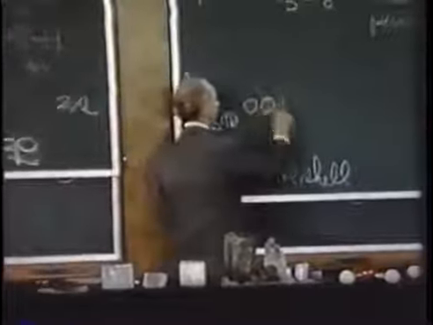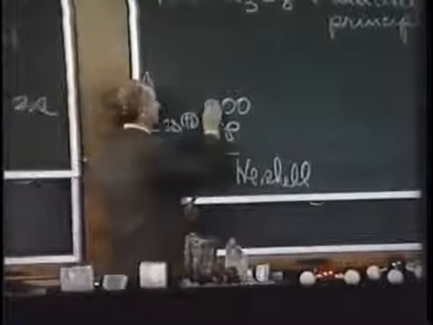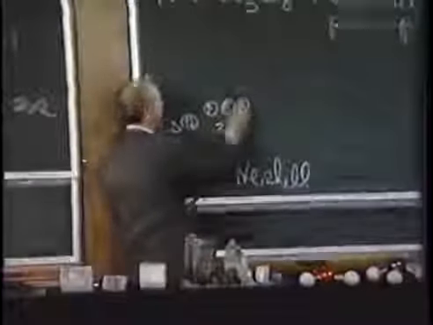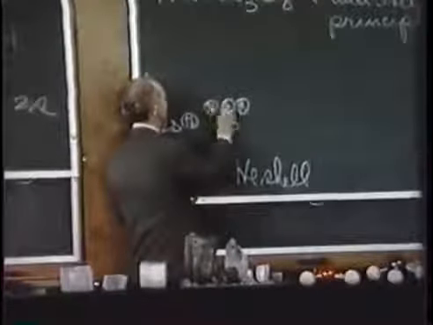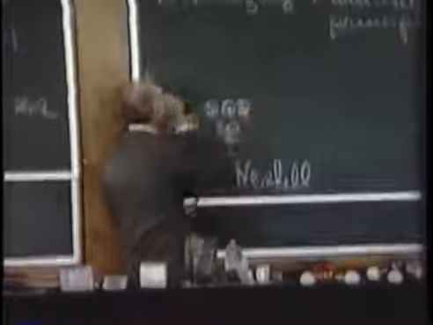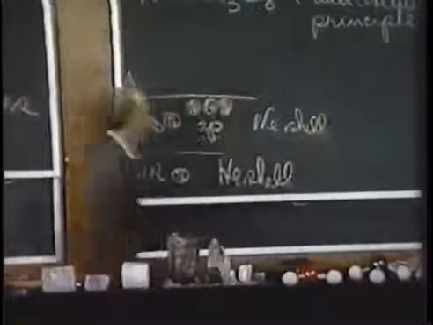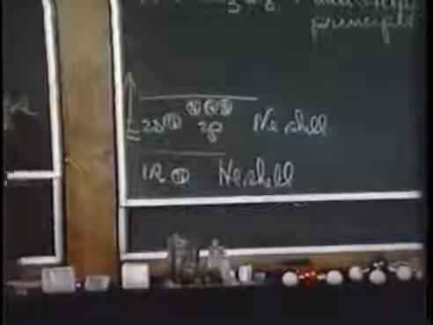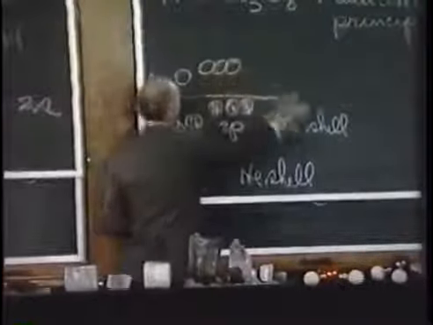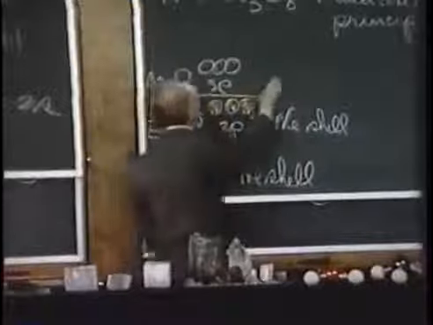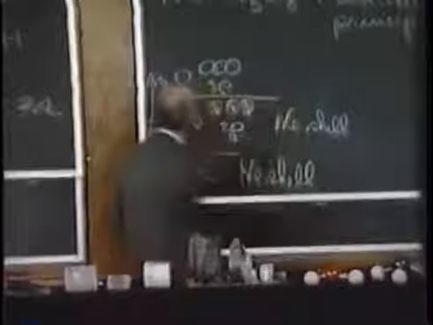Then we have the three 2p orbitals. They can be occupied successively by electrons in boron, carbon, nitrogen, oxygen, fluorine, neon. At neon, this shell too is completed, the neon shell. Now we come to the third shell in the periodic table, a 3s orbital and three 3p orbitals.